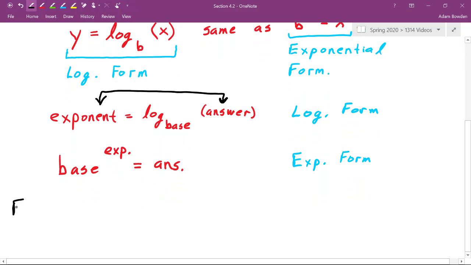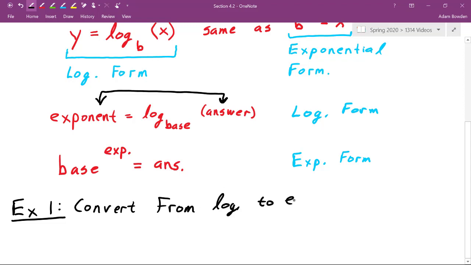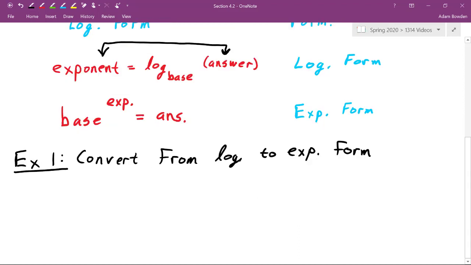So let's start with some examples of changing from one form to the other. First, convert from log to exponential form, starting with 2 is equal to log base 5 of x.